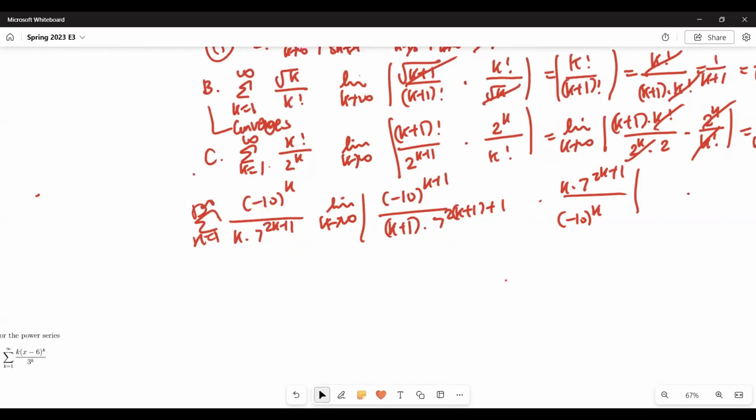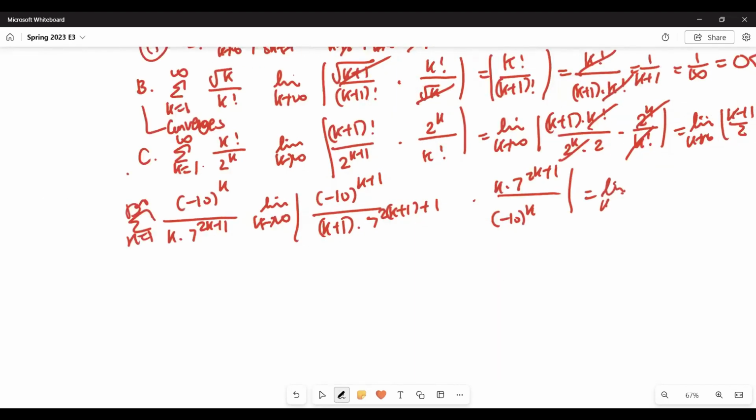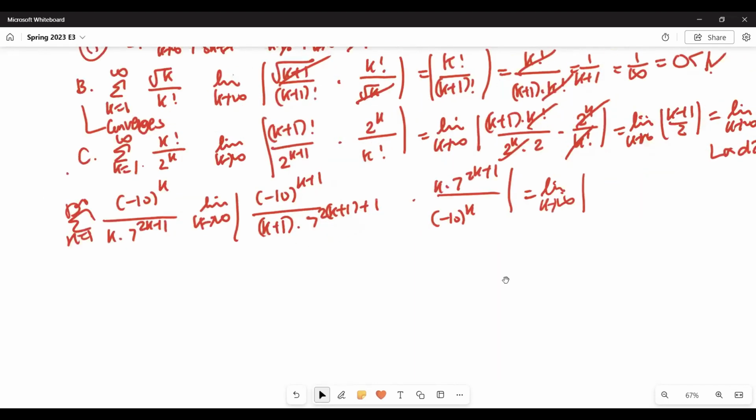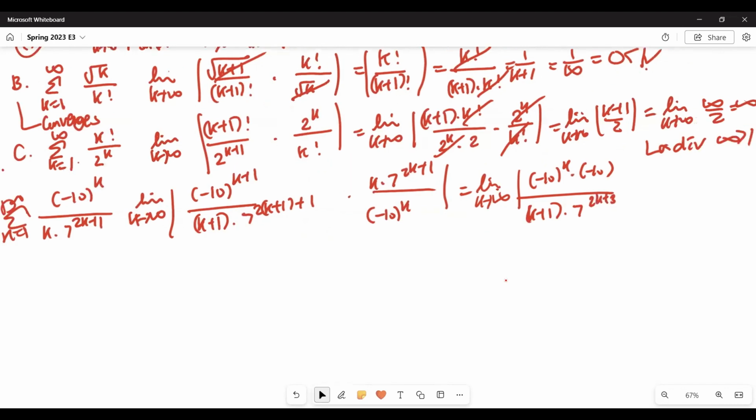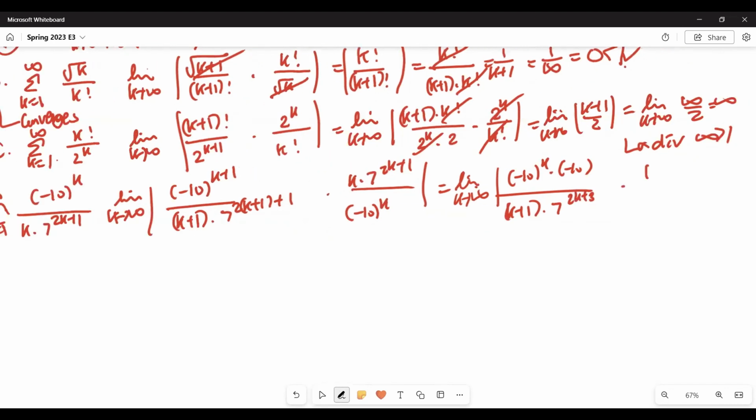So this becomes the limit as k goes to infinity of negative 10 to the k times negative 10 over k plus 1 times 7 to the 2k plus 3, I think, and then times k times 7 to the k plus 1.